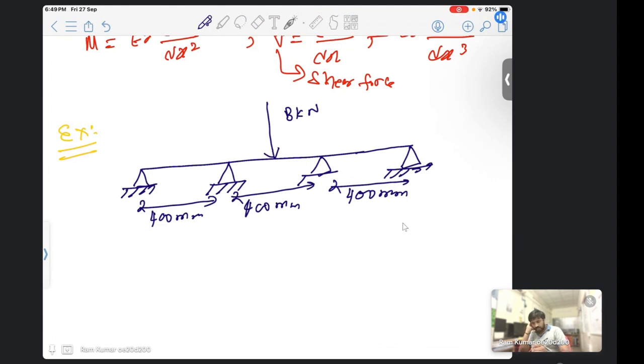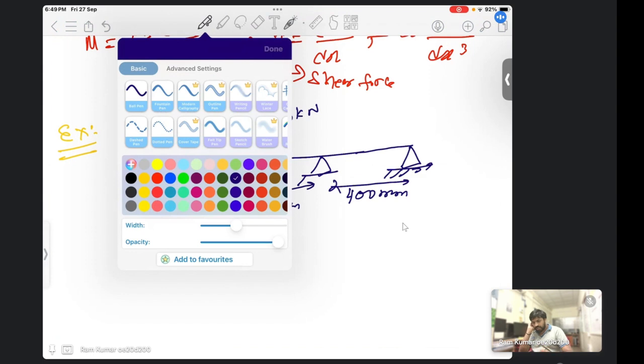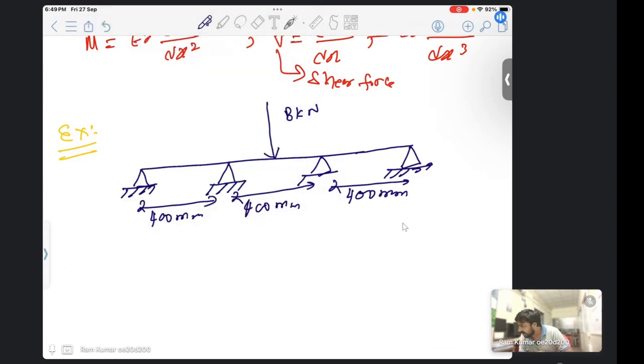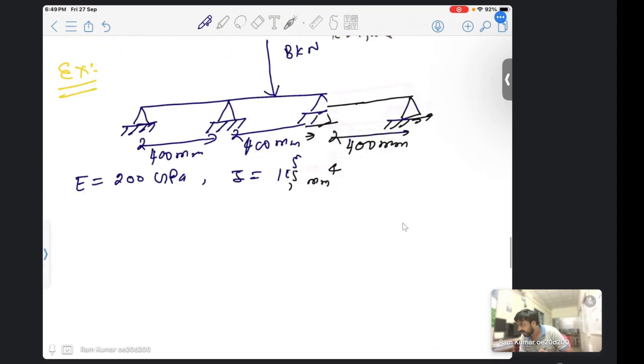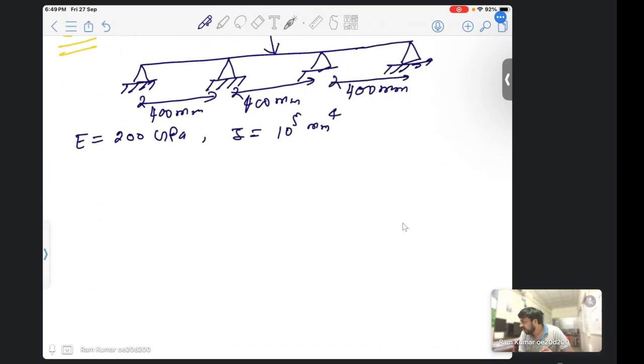So we have to calculate the nodes, and what are the other parameters? E equals 200 gigapascal, and I for this beam element is given as 10 to the power 5 mm to the power 4. Okay, fine.